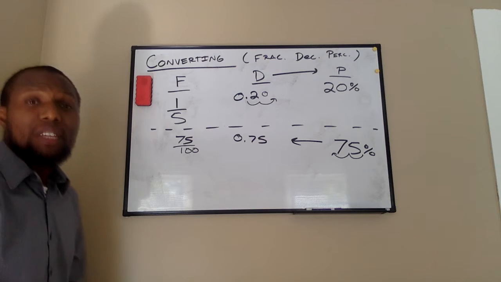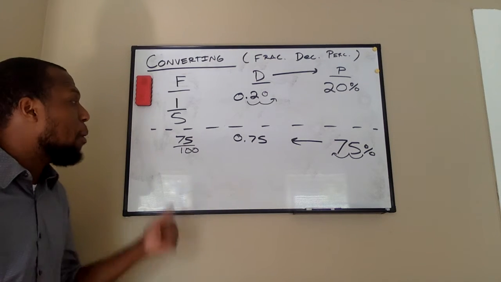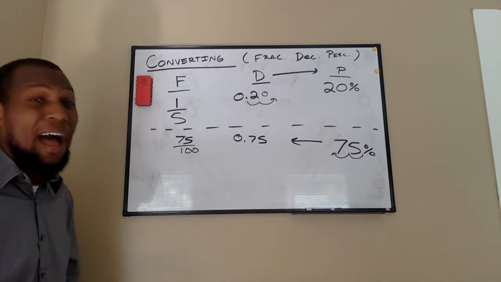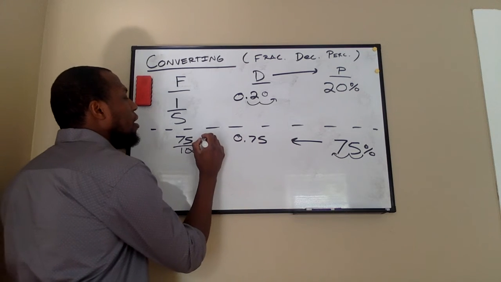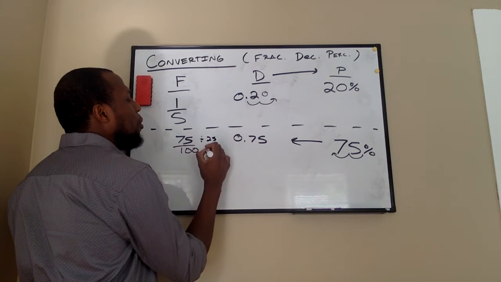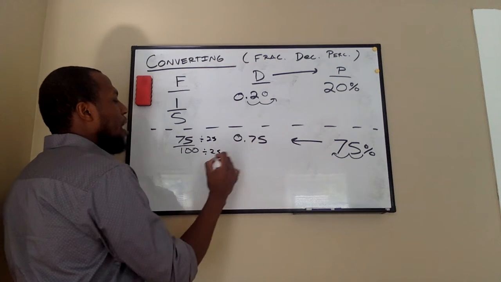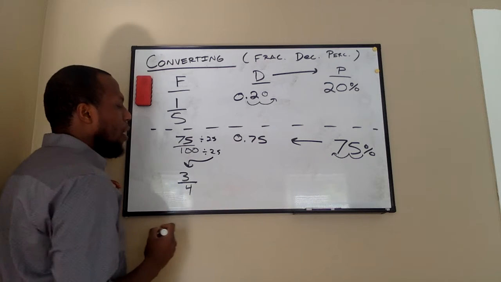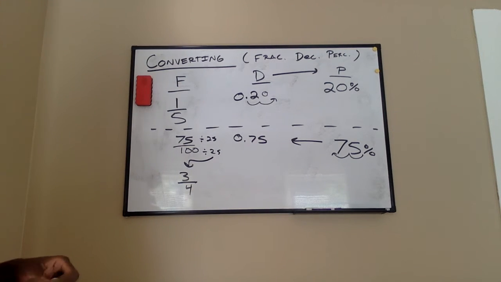Then we just have to reduce that down, figure out what numbers go into both 75 and 100. In this case, 25 goes into both. Divide both the top and bottom by 25, and we end up with 3 over 4 as our final fraction.